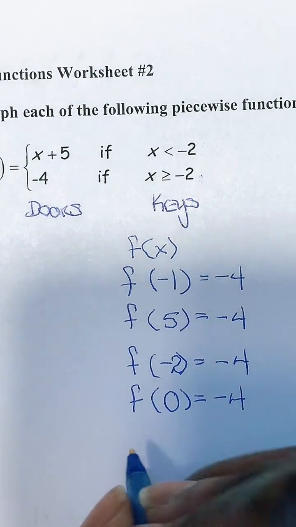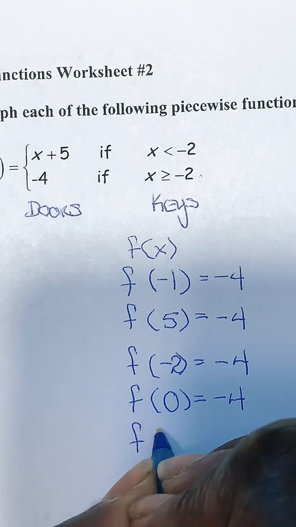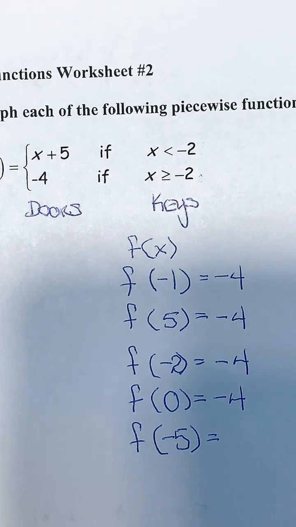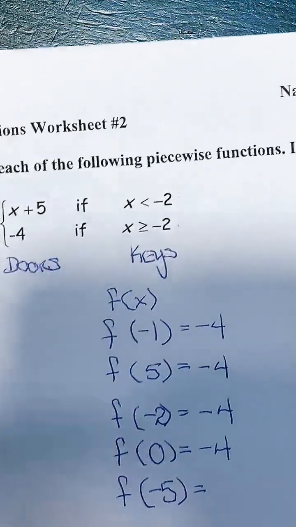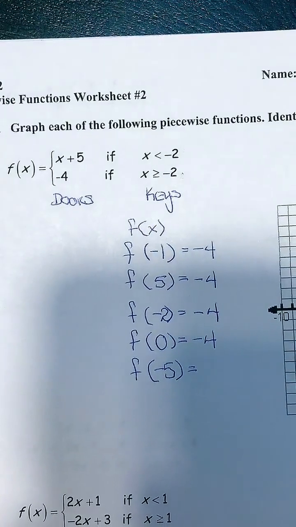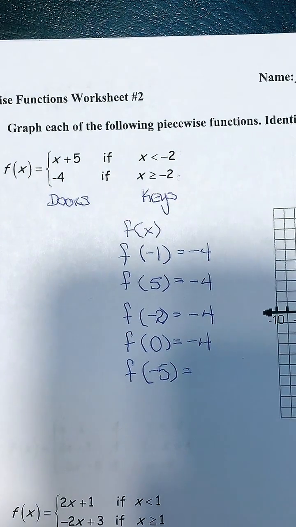So now if I said f of -5. First or second? Let me see if I unzoom just a hair. F of -5, what do we got? The first or the second? Okay, we got second, we got first.